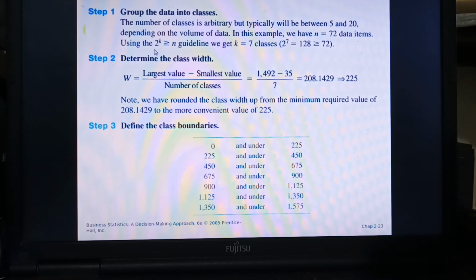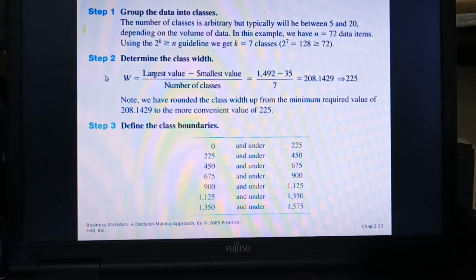Using the guideline 2 to the power of k is greater than or equal to n, we get k equals 7 classes.